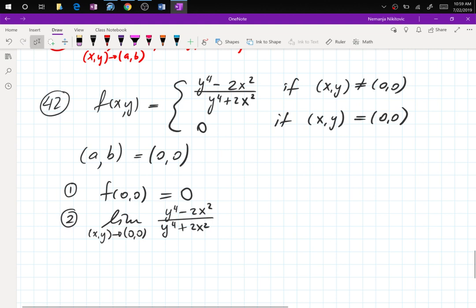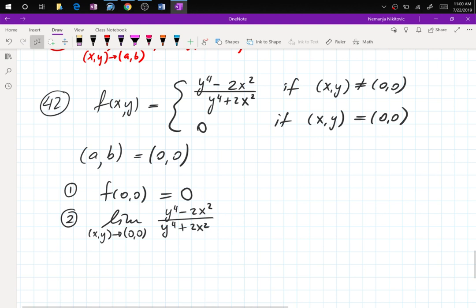So we are looking for a 0. And if this limit turns out to be 0, then we have 1 equal to 2, which fulfills the third requirement, and then we are done.